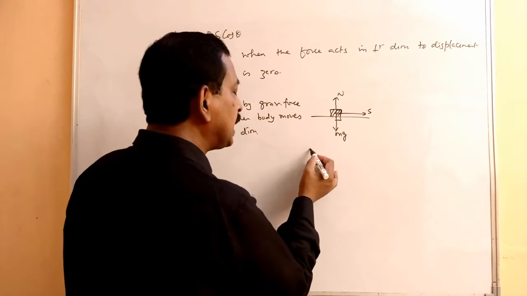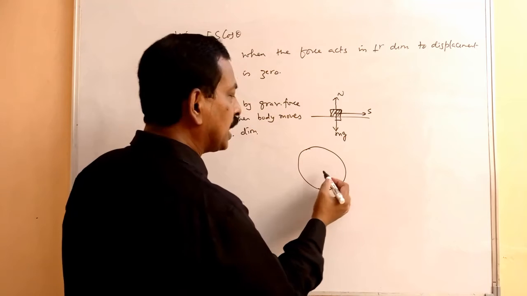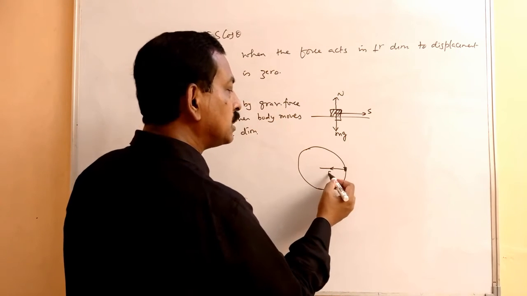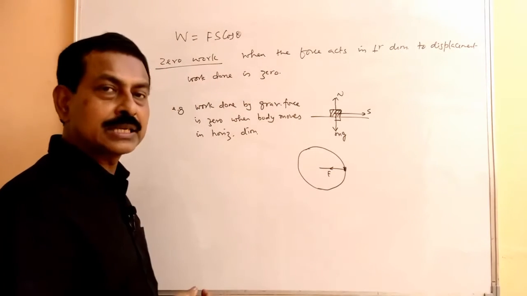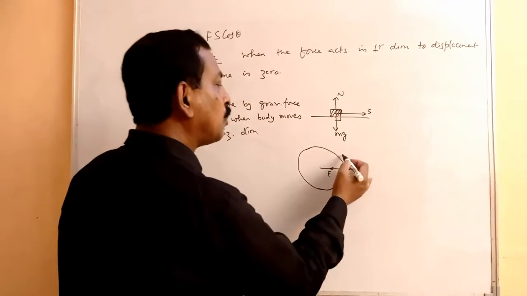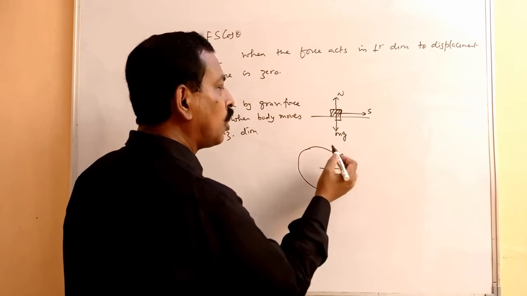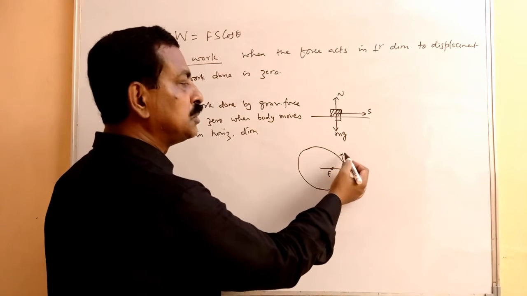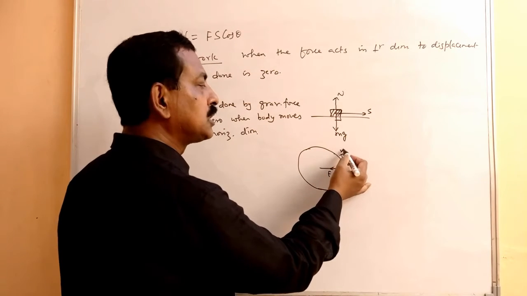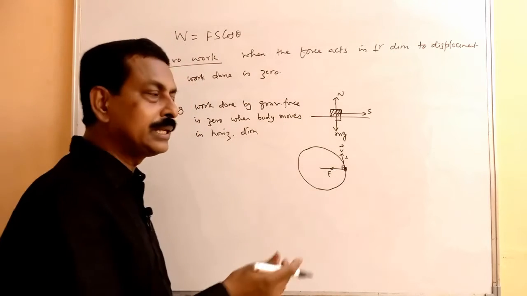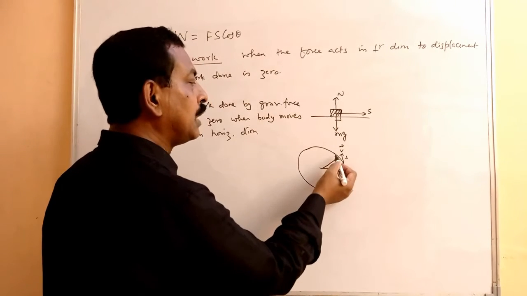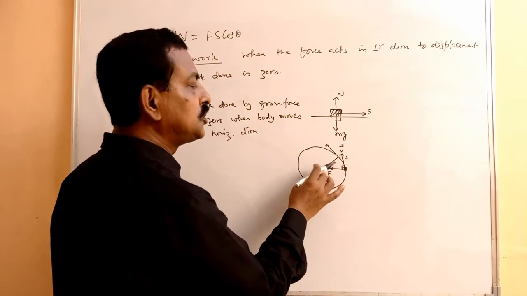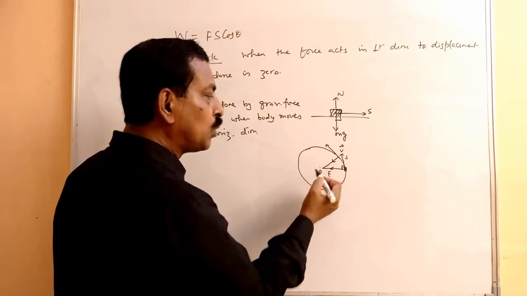Or suppose you take a body which is moving in a circular path. There is a force, the centripetal force, acting directed towards the center, and the body will be moving tangentially at all points. So again, the angle between the force and the displacement or velocity will be 90 degrees at all different positions. If it is here, velocity will be in this direction, displacement will be tangential, and the force will be directed towards the center.